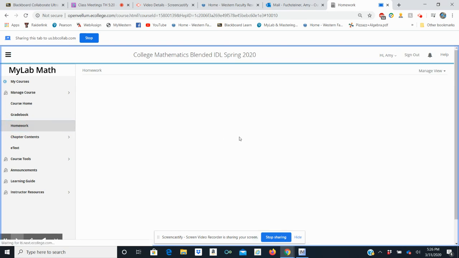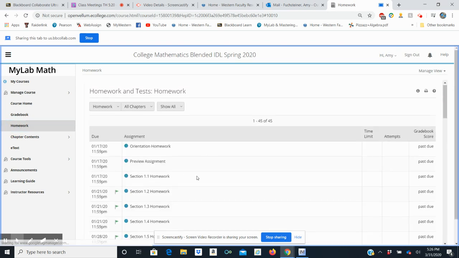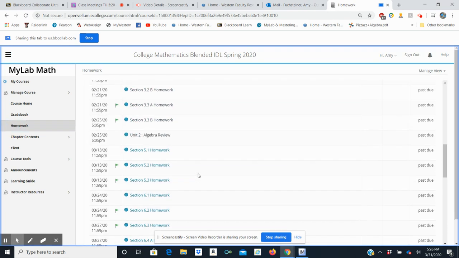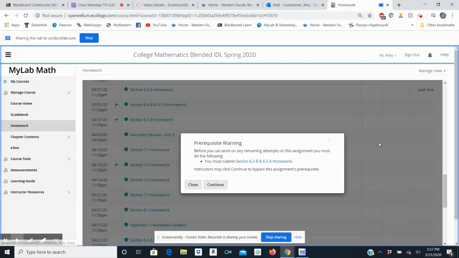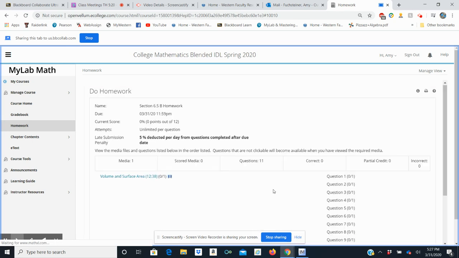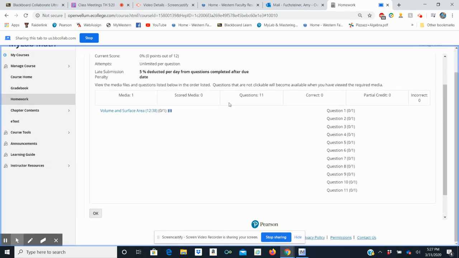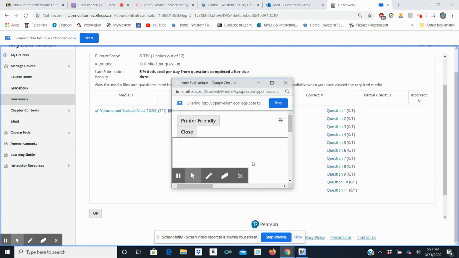Well, shucks. What is it doing? Hold on. I guess I need to be clearer on this than I thought. Continue. Volume and surface area. We click on that, and this lovely thing comes up.